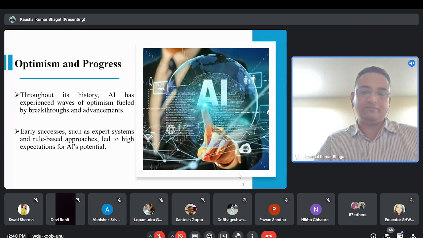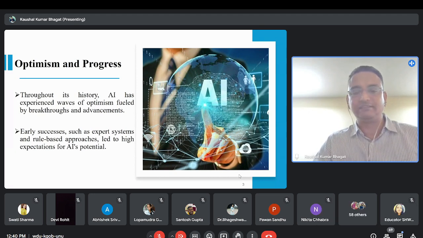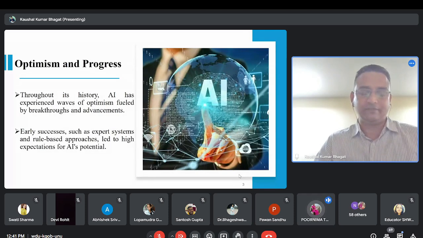That is why we are more optimistic, and we are investing. In fact, many companies are investing a lot of money. Many startup companies are also coming for artificial intelligence because it has shown strong potential. Even the government of India has initiated a lot of programs related to artificial intelligence. Like in IITs, we have specific centers for artificial intelligence, which are working on research and development.